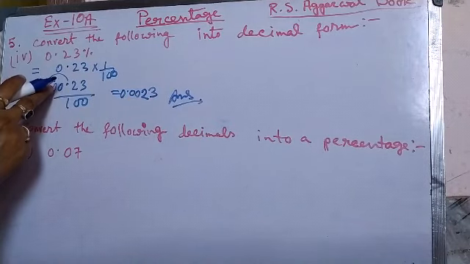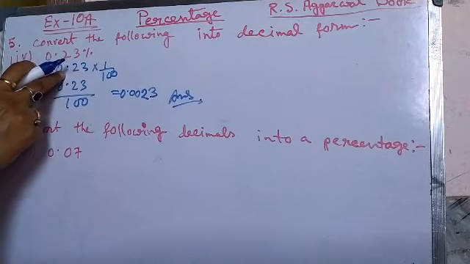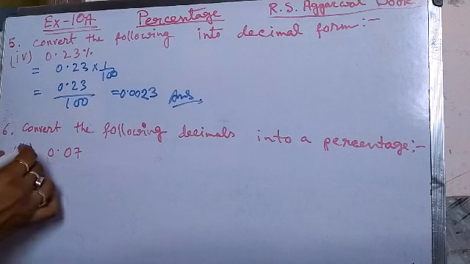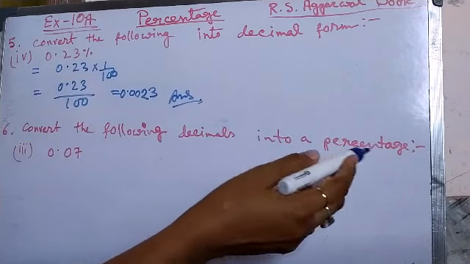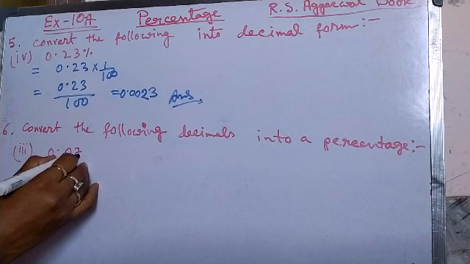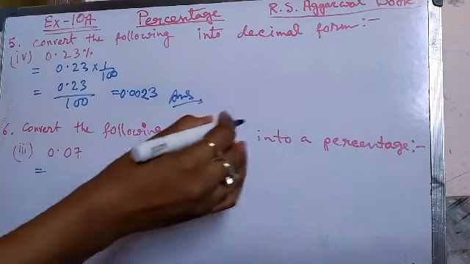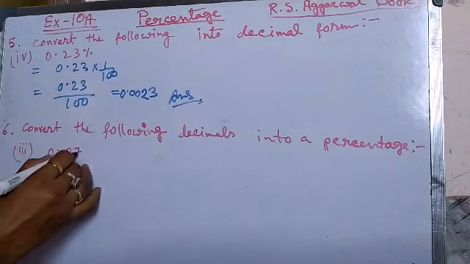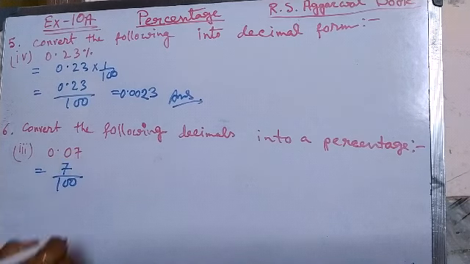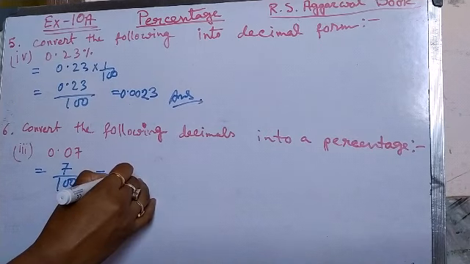For understanding I am telling that, but no need to do it in the answers in the question. Next, convert the following decimals into a percentage. That means the decimal form is given, then we have to convert into percentage. So this 0.07 means 7 by 100. Then to make a percentage, how to do?